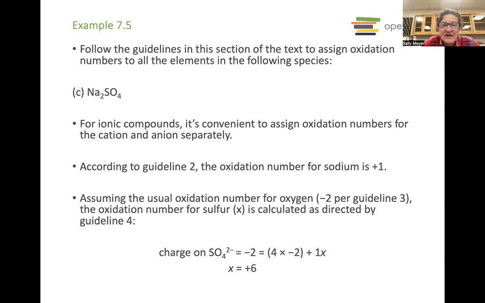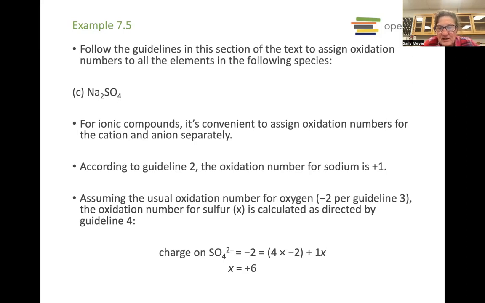So what you'll have actually is 2 Na+ cations and 1 SO4 2- sulfate anion. First we'll start out by saying that the sodium is +1, and we have 2 of those. So that means we have 2 times +1 contribution from the sodium. And if we assign the oxidation numbers for oxygen, we'll figure out what it is for sulfur.